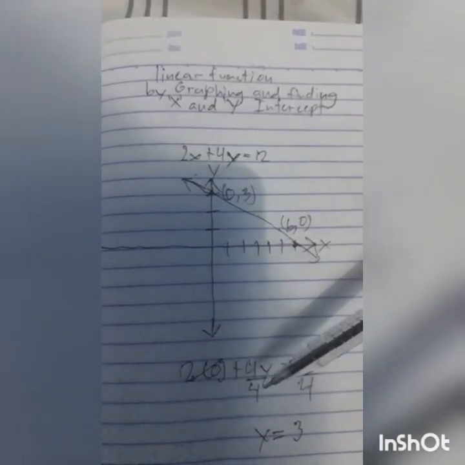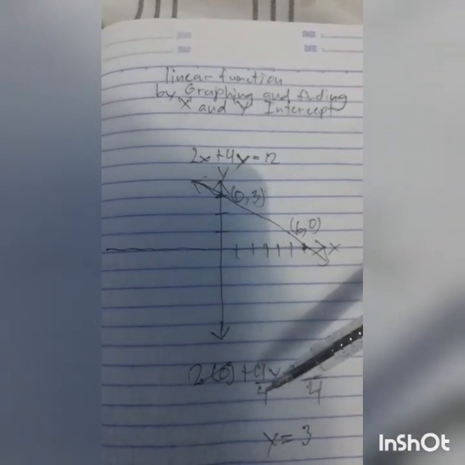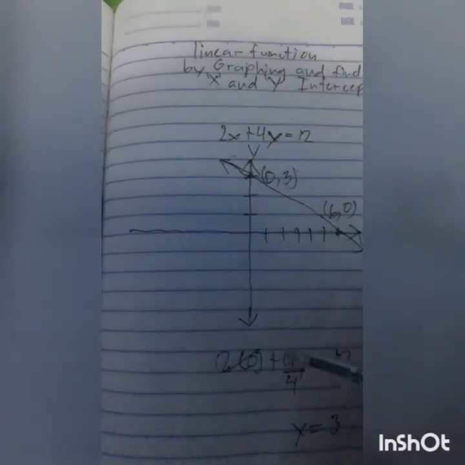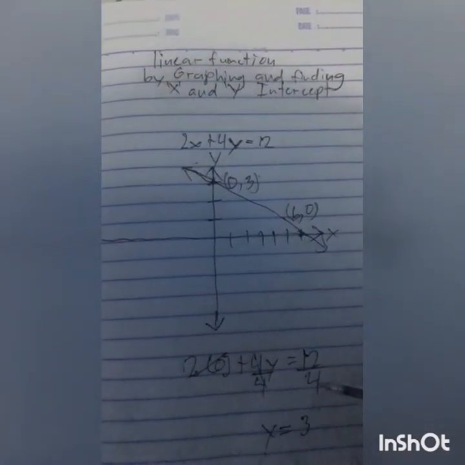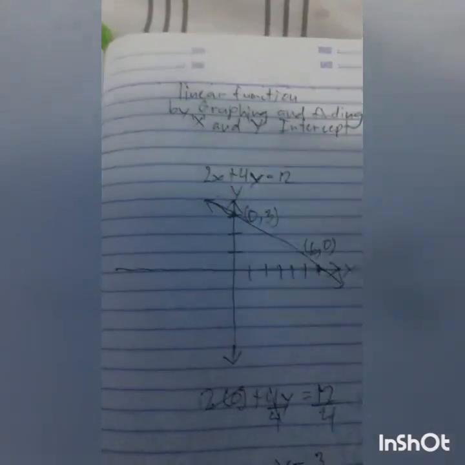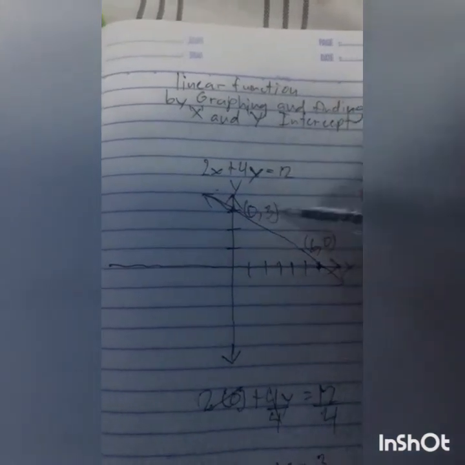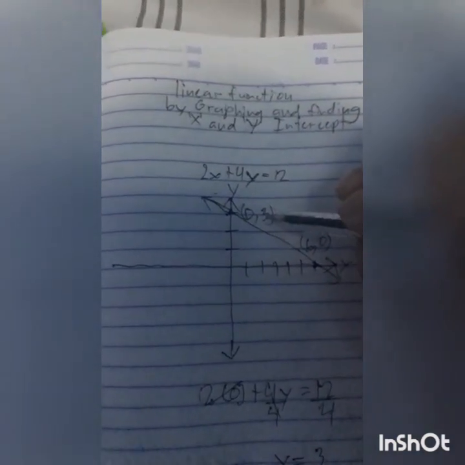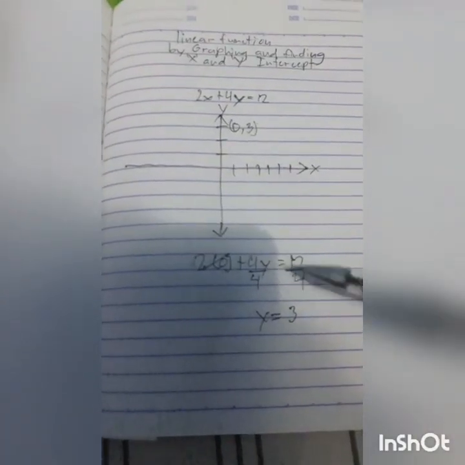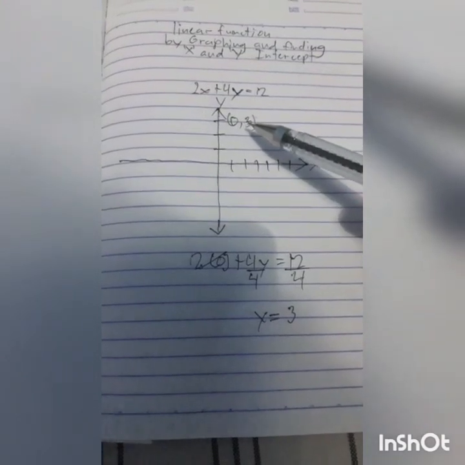We divide both sides by 4, so y equals 12 divided by 4 equals 3. So our y-intercept is (0, 3).